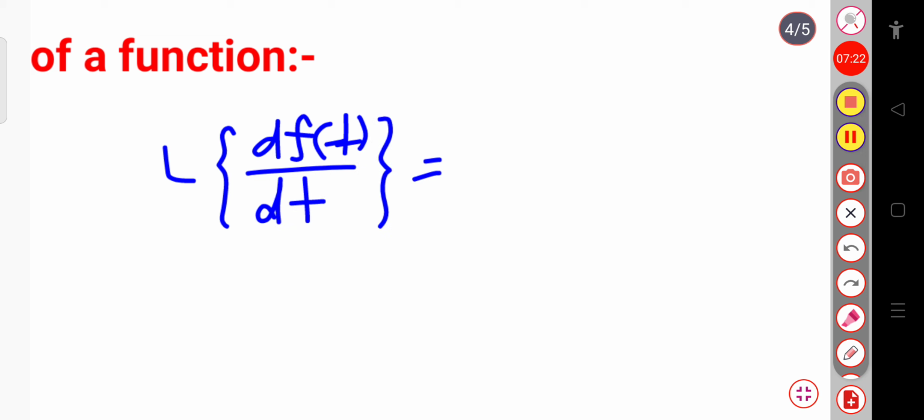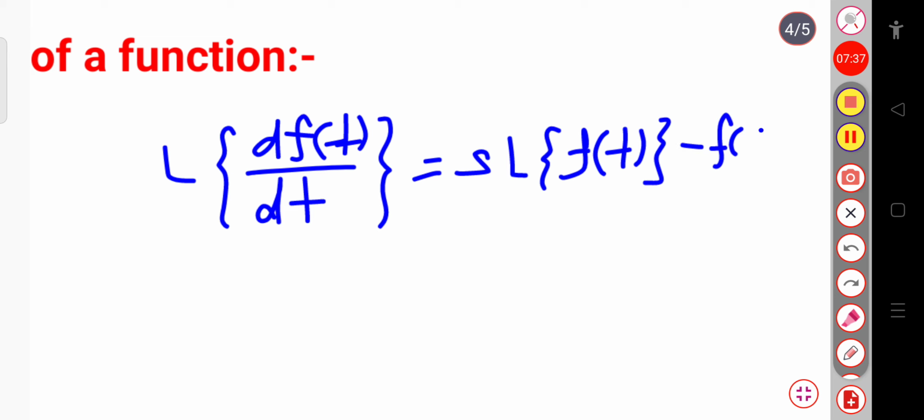Or I can write it as s times the Laplace transform of f of t minus f of 0. This is our Laplace transform of the first order derivative.